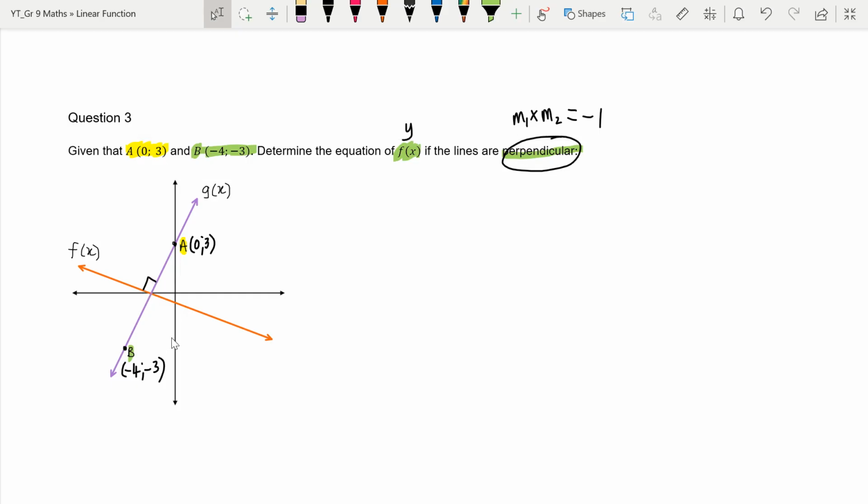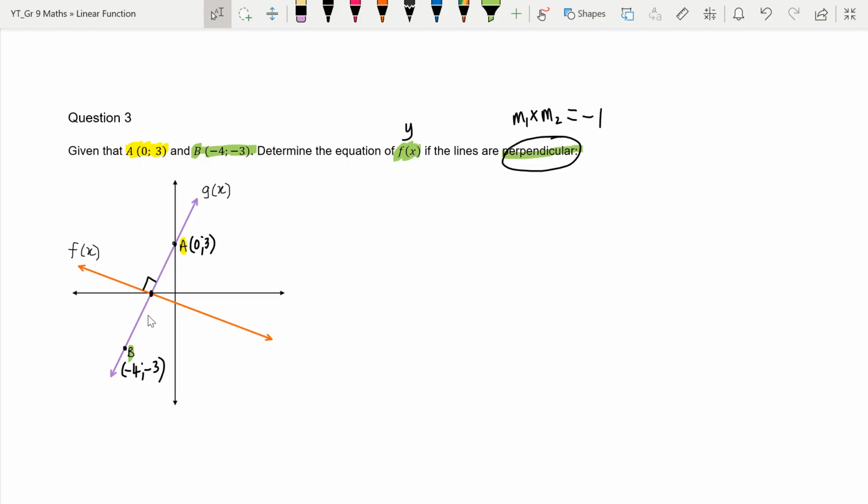Okay, so I'm just going to indicate that there. So we're going to have to rely on the purple line, on g of x, to get some information about f of x. Really good is that they share that point, which is the x-intercept for both of them. That is really important, I'm sure.